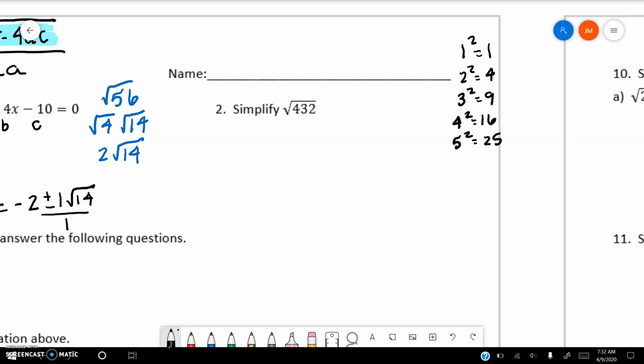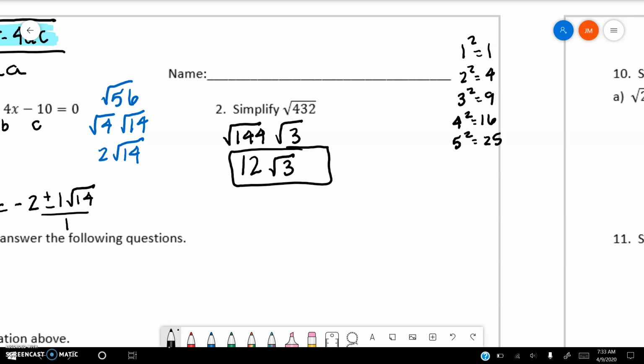The biggest perfect square in 432 is going to be 144. So if you divide that, you're going to end up with the square root of 144 and the square root of 3. 144 breaks down to be just a 12, not under the square root, and you have the square root of 3 left over. So that is your answer.